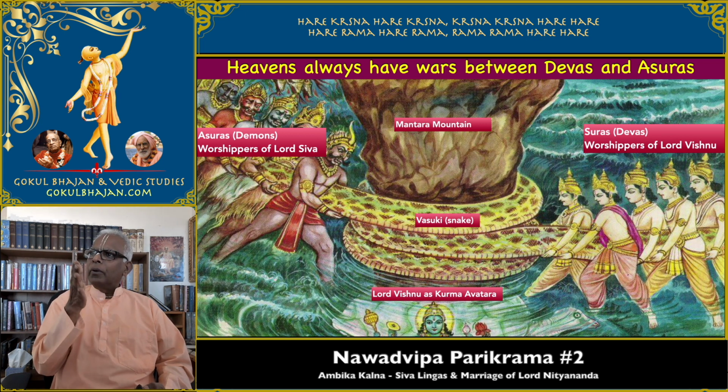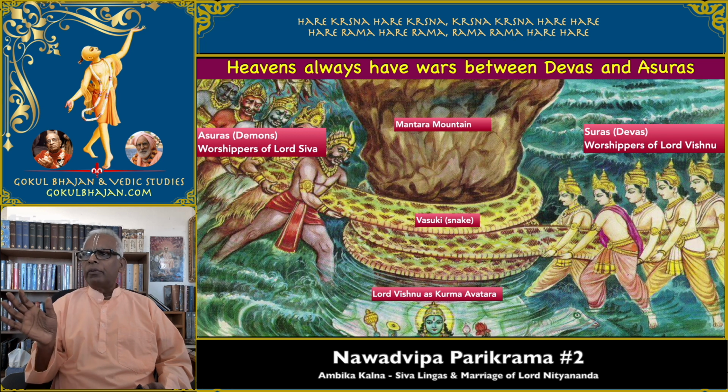And then, of course, they use the Mandara mountain as a churning rod, and Vasuki, the king of all the snakes, as the rope. One side is the Asuras, the other side is the Suras. Suras means the Devas. They are worshippers of Lord Vishnu.